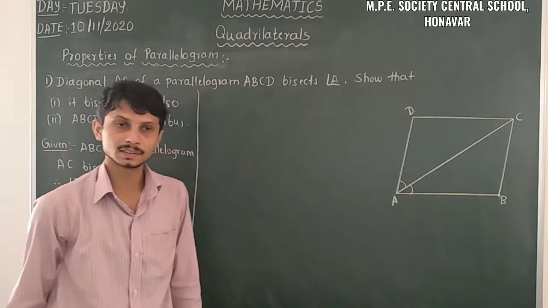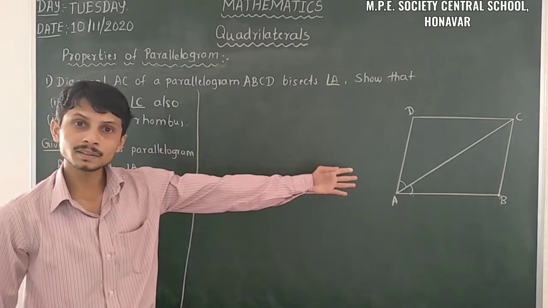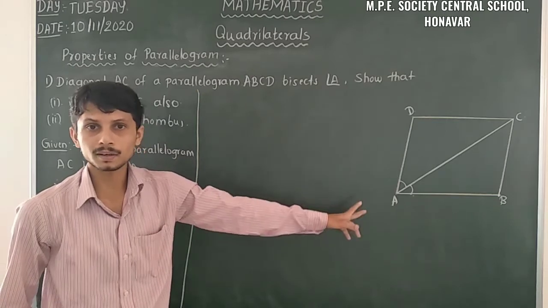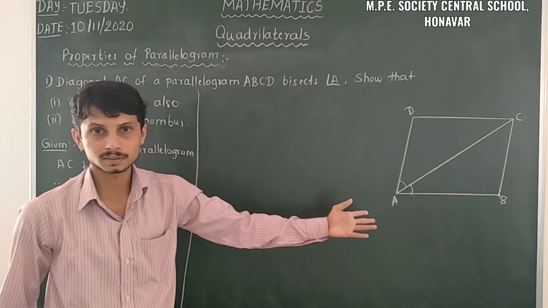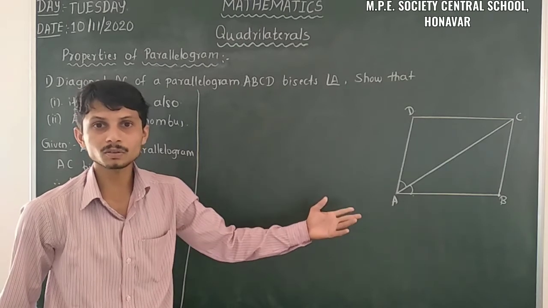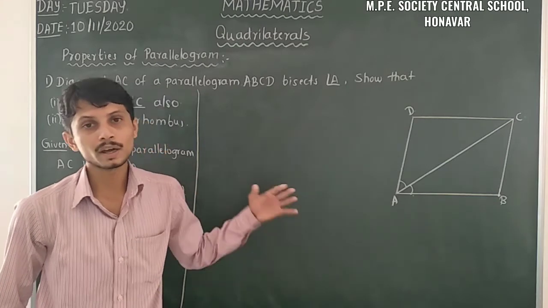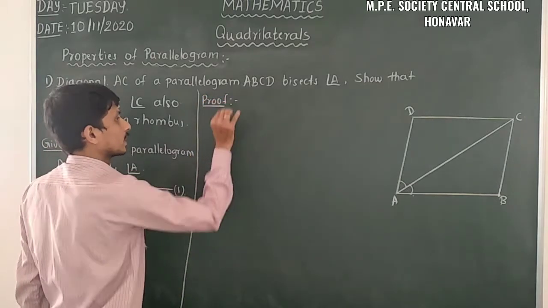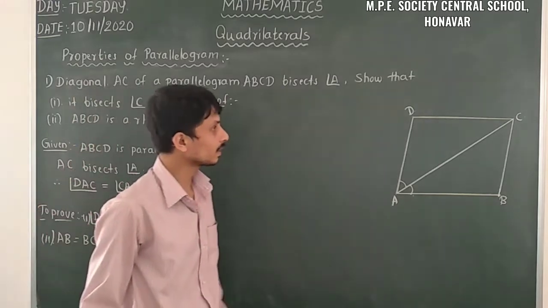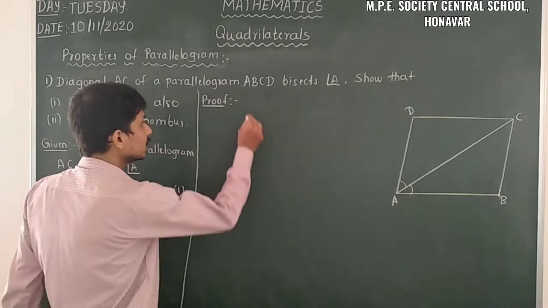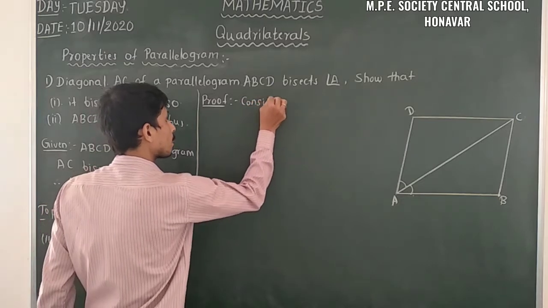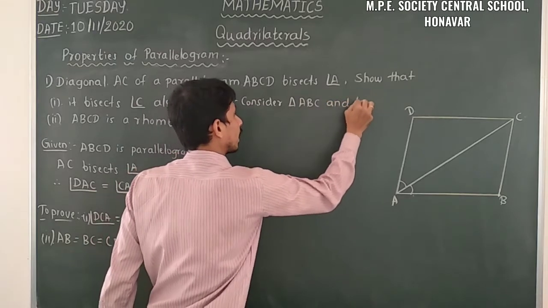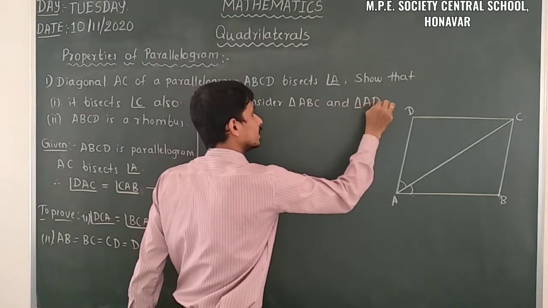How to prove these things? Already we know that diagonal AC splits the complete parallelogram into two congruent triangles. So, proof. Consider triangle ABC and triangle ADC.